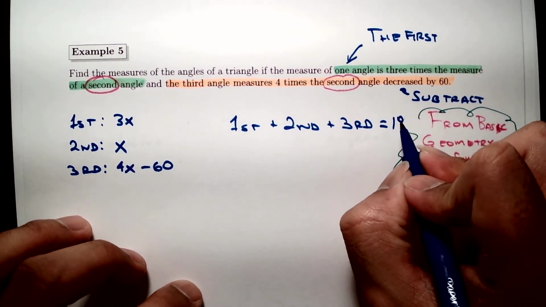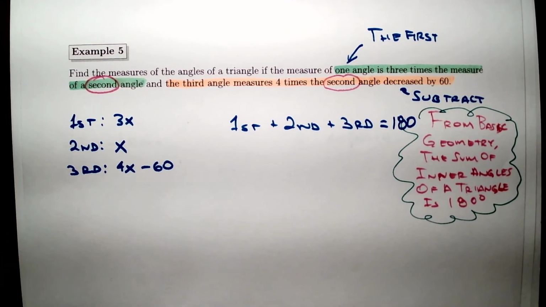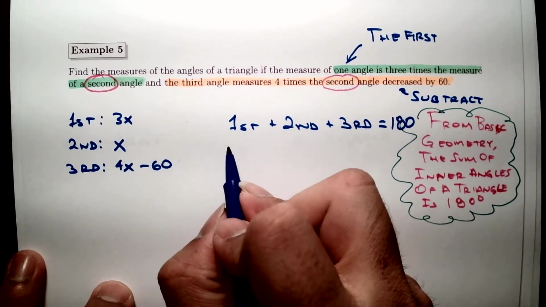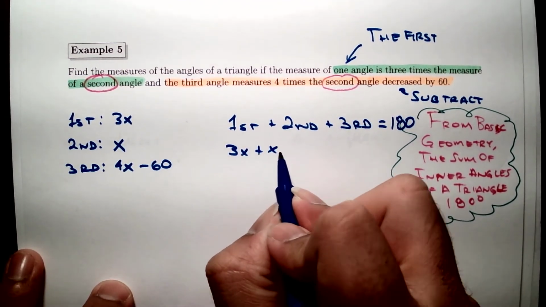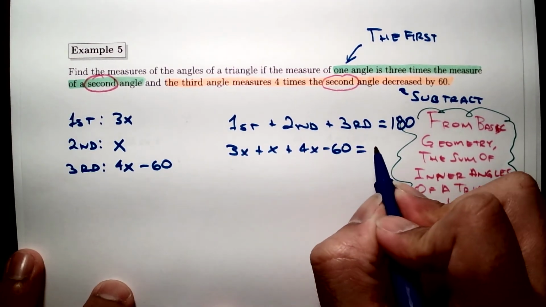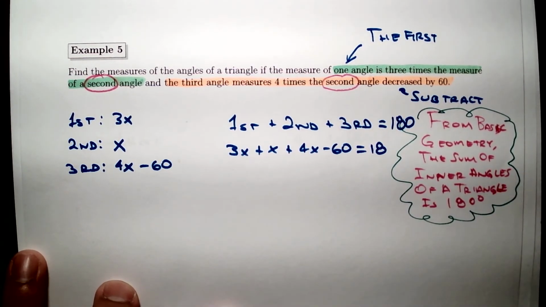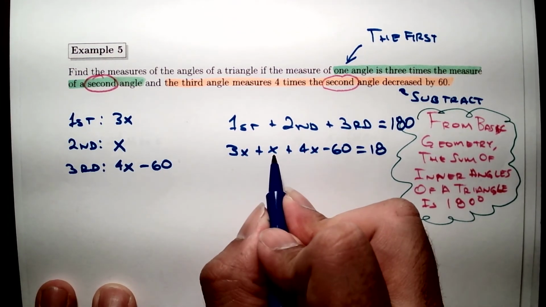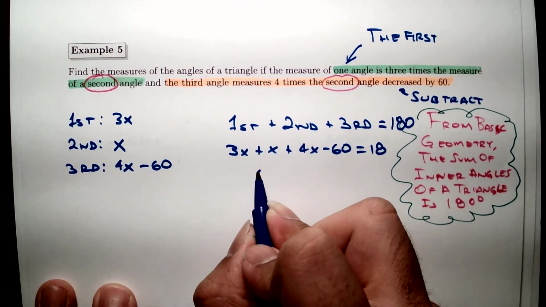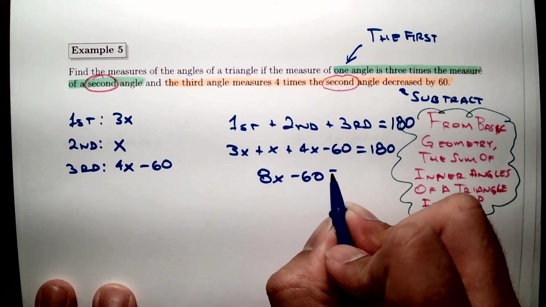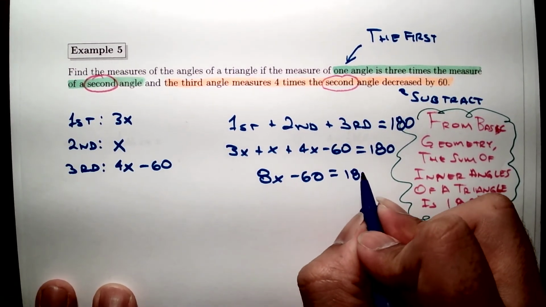So we need to set this equal to 180. Now let's write this down in terms of our variable x. 3x plus x plus 4x minus 60 equals 180. And as usual, combine the x's together. That's a total of 3x plus x, that's 4x, plus 4x, that's 8x minus 60 equals 180.